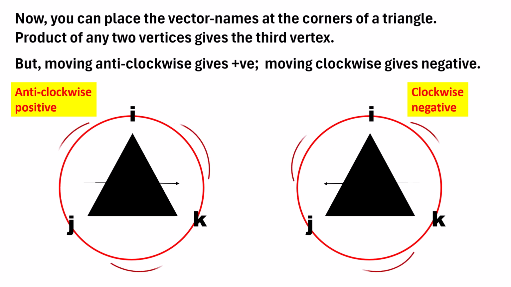We will illustrate this more in the subsequent slides, but this is a basic convention. Anti-clockwise, if you move, you will get a positive one, and clockwise, if you move, you will get a negative one. But the product of any two vertices is the third vertex.